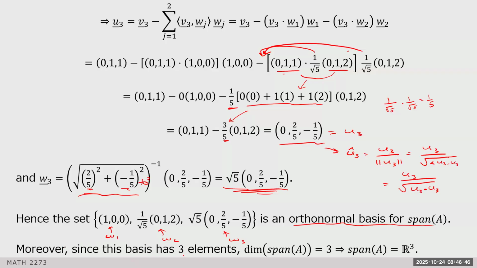Now, notice in this case that we have three vectors here, and we are in R cube. So therefore these 3 vectors will span a 3-dimensional space.